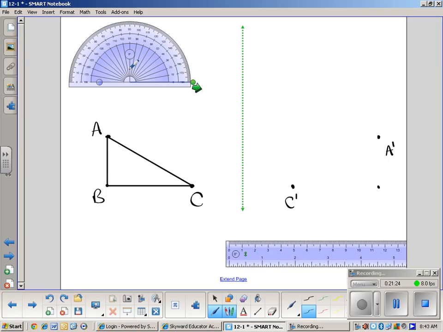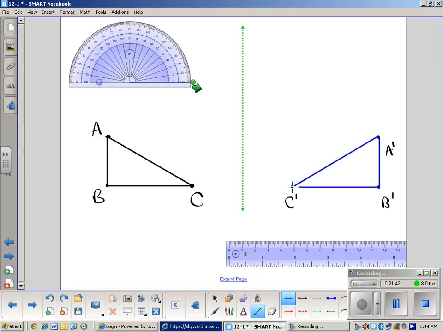What do we mark that as? Come on, nice and loud. B prime. Then I can draw my lines. And I have just reflected triangle ABC over the line. And I now have A prime, B prime, C prime. Okay?